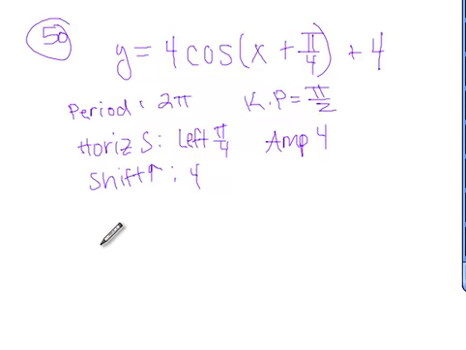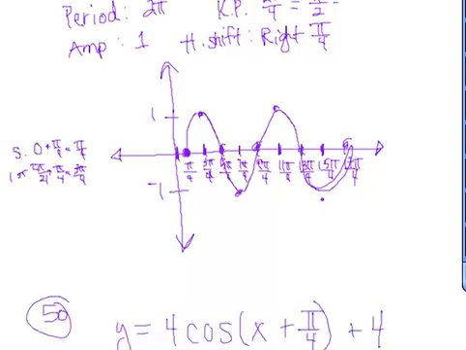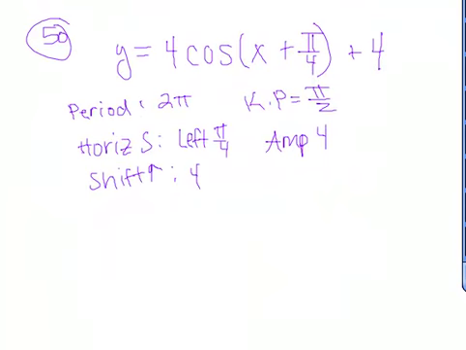Based off of what I did in the one up here, I'm going to understand that when I graph my typical key point intervals for my function, what I'm actually going to do is go in between them because of this shift. So here I'm going to do this kind of top heavy, and you'll see why.